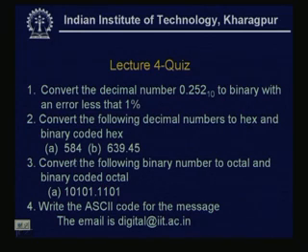Two decimal numbers are given, one is a pure integer, one has the integer as well as the non-integer portion, and we have to convert them to hexadecimal numbers as well as BCH, the binary coded hexadecimal. Now, convert the following binary numbers to octal and binary coded octal, and this is very similar to question number 2, but only the binary is itself given.